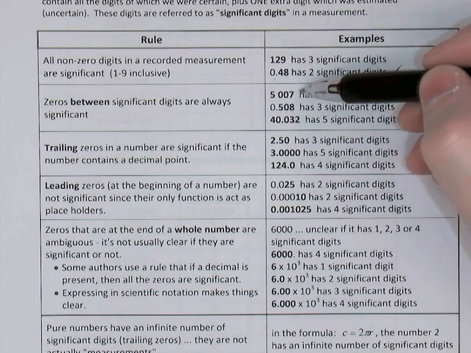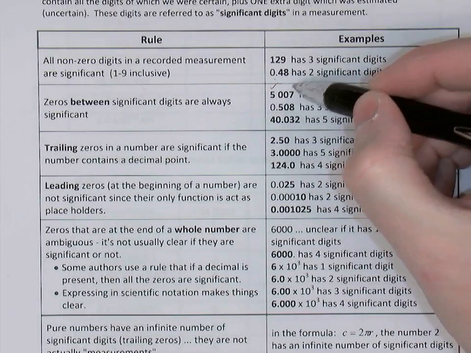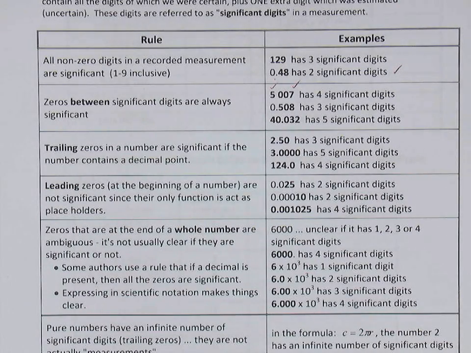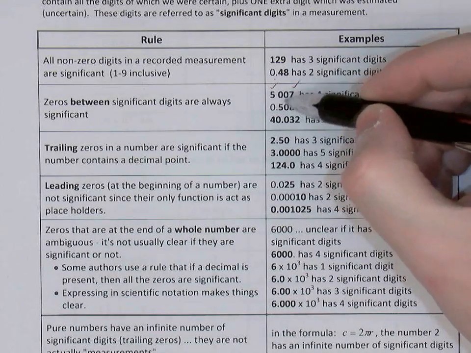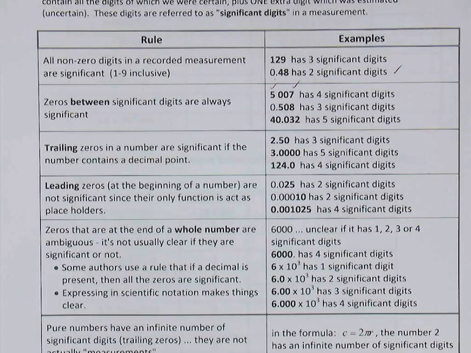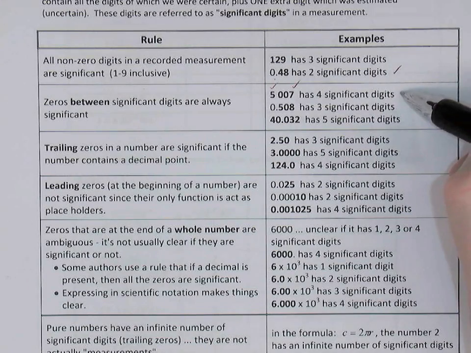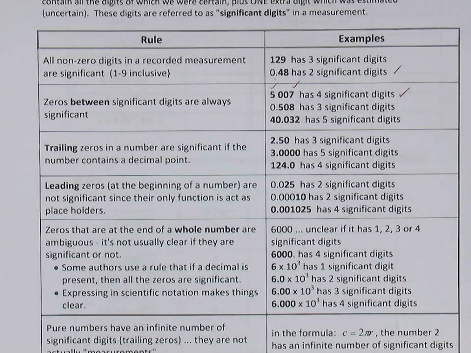So 5,007, we know that the 5 and the 7 are significant, they're non-zero digits, so therefore the zeros in between them will count. So when zeros come in between non-zero digits, they'll always be significant. So that number has 4 significant digits.